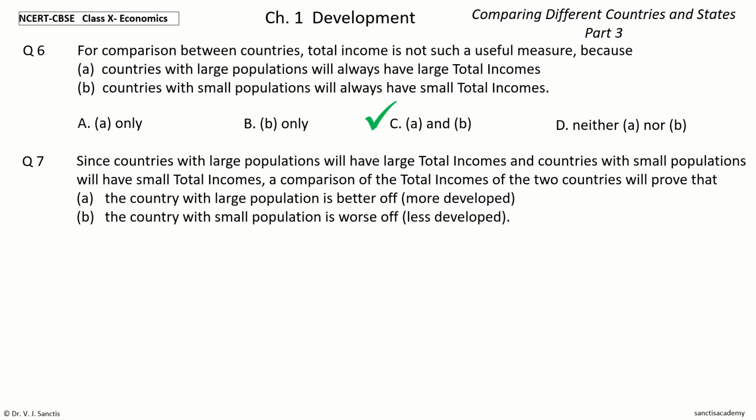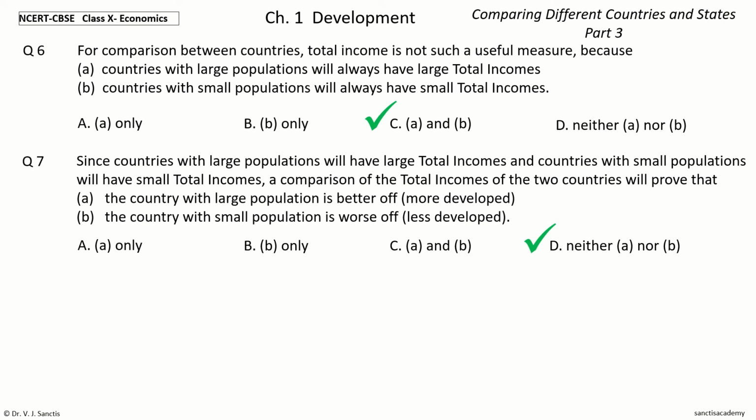B. The country with small population is worse off, less developed. The options are A only, B only, A and B, neither A nor B. Your time to choose. And the answer is neither A nor B.